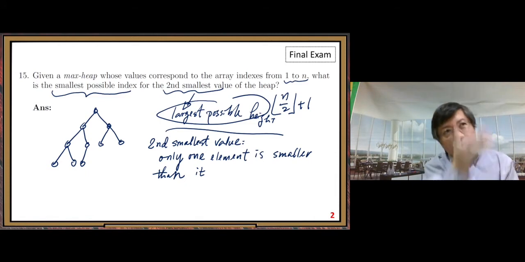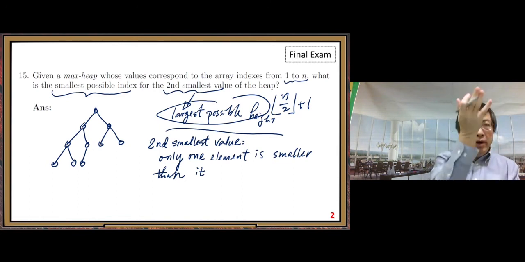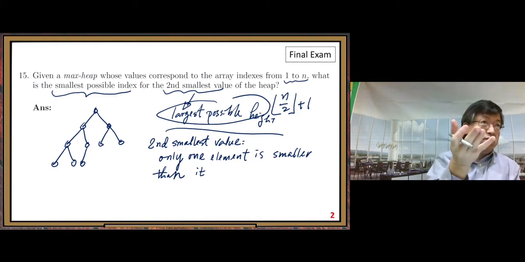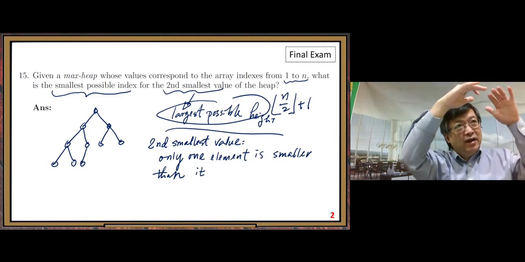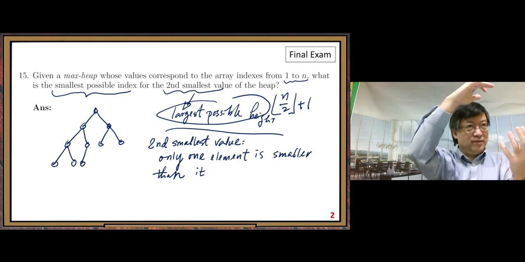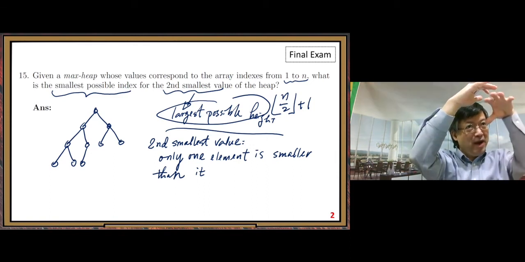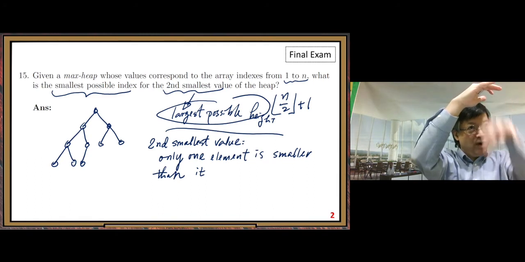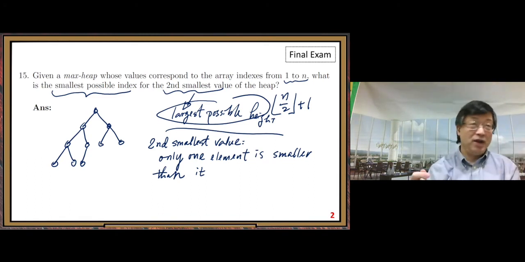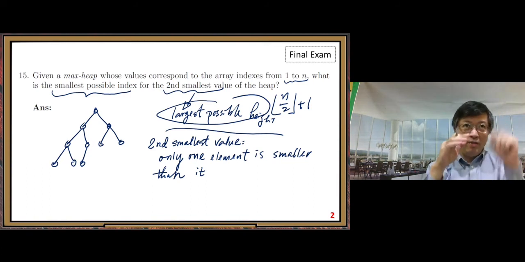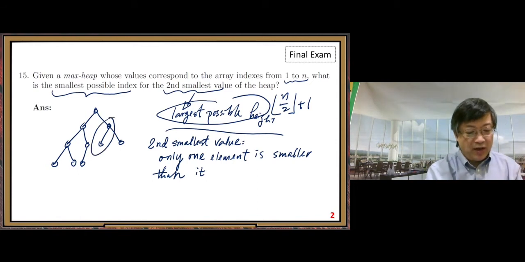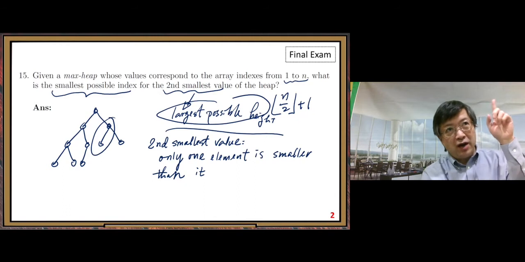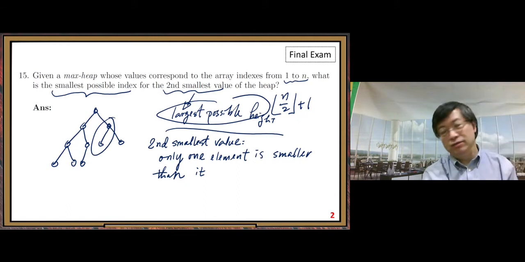We want to lift its height as much as we can, but we cannot lift too high, because if the height is too big, then there are too many nodes below it. But the second smallest cannot have too many below it. You can only have exactly one below you. So the highest possible case, you can only have one child right under you, no more.